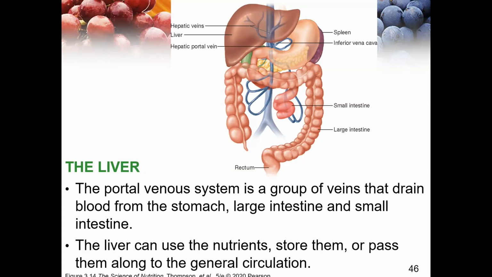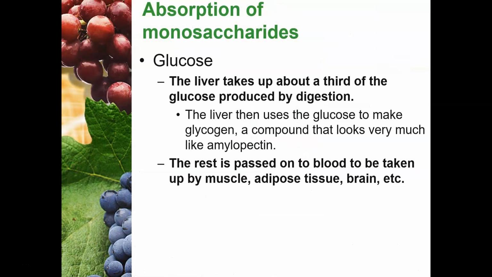So the liver can use any of these sugars just as an energy source just for its own self. It can store them or can pass them along to the general circulation. So the liver takes about a third of the glucose produced by digestion. And once the glucose gets inside, the liver uses the glucose to make something called glycogen, and that's a compound that looks very much like amylopectin.